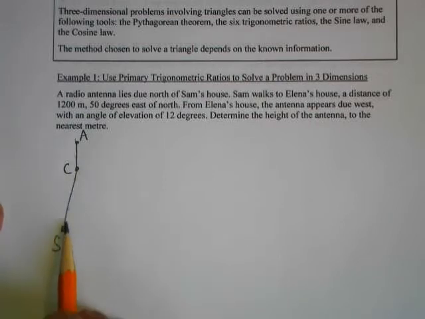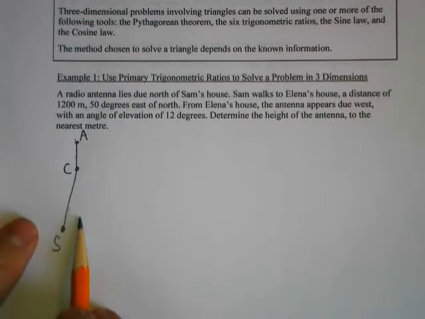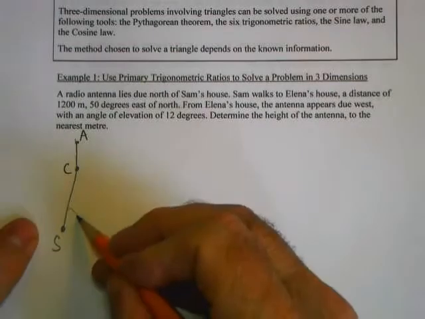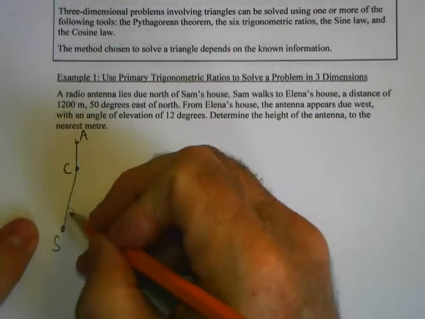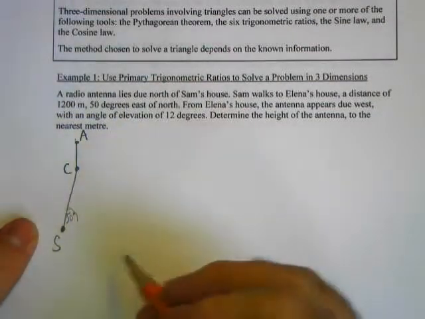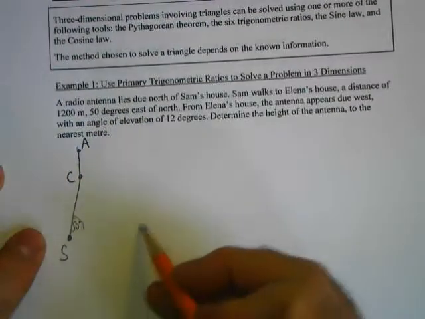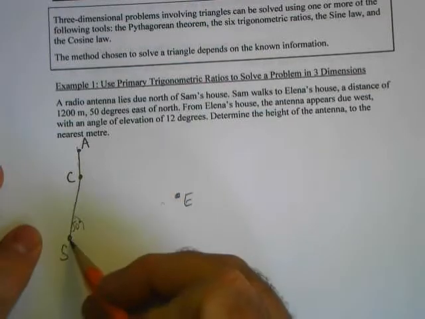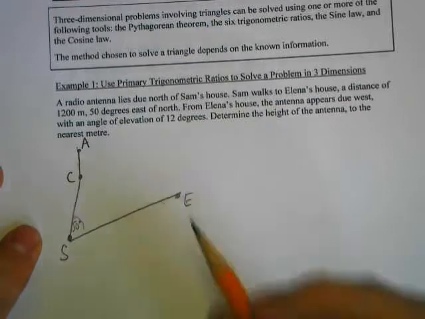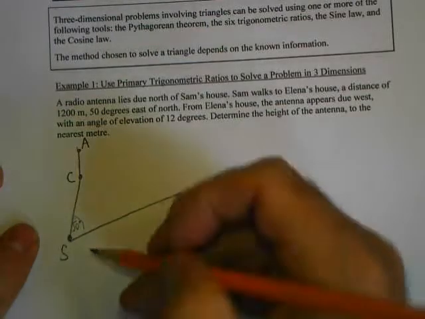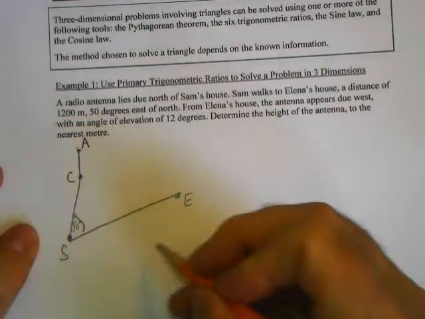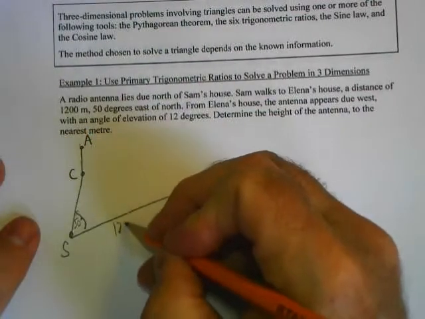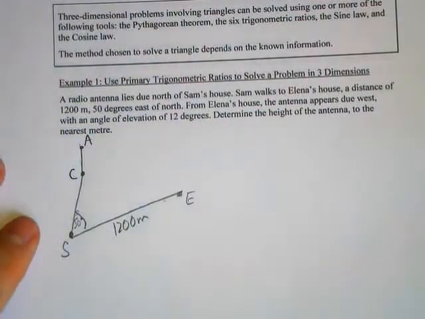So if Sam walks directly north, he's walking towards the antenna, but 50 degrees east of north, there'll basically be like a 50-degree angle here. And that will go towards Elena's house, which will maybe be over here, call that E for Elena. And there's the walk. And that distance we were told was 1,200 meters. So of course we're going to put that there.